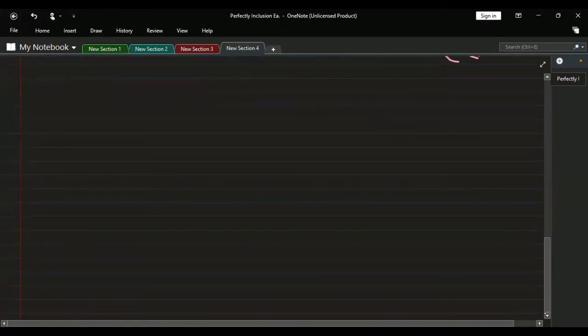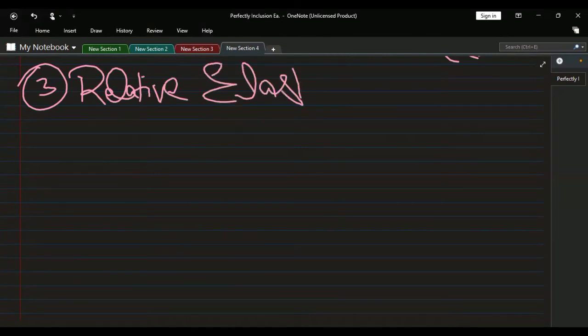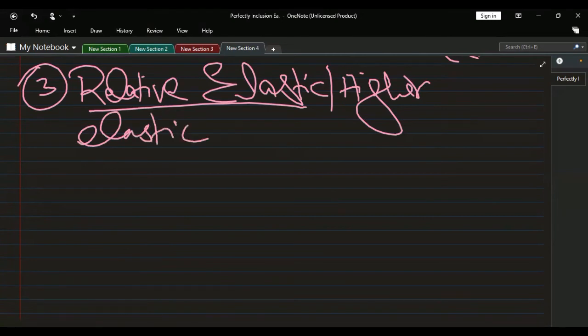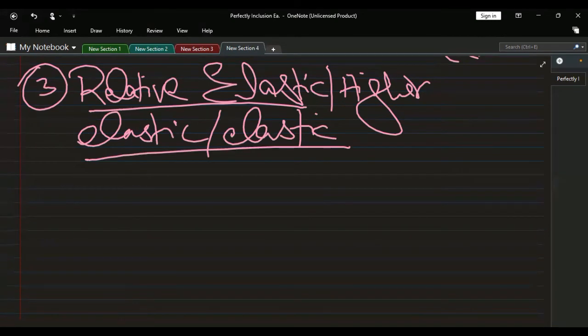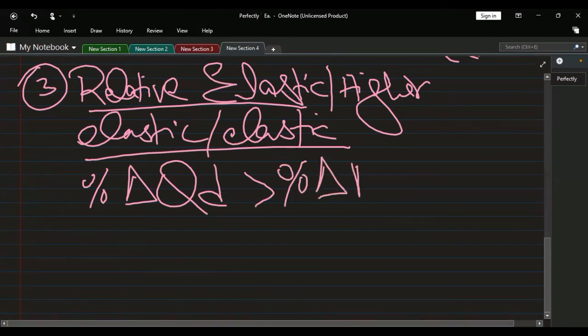Third one is relatively elastic or higher elastic or simply elastic. It is the percentage change in quantity demanded is greater than the percentage change in price.